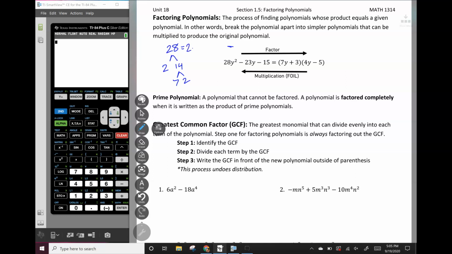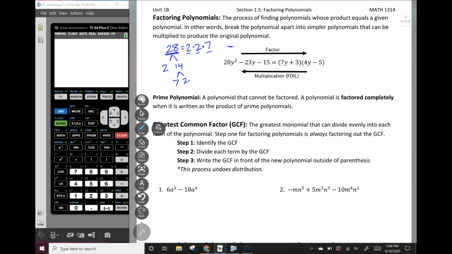So this would be 2 times 2 times 7 is 28. So the process of factoring is breaking something up into factors that can be multiplied to give you that original product. Okay, so you're breaking it apart.